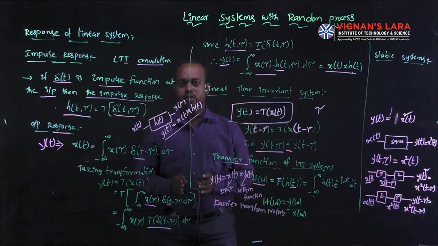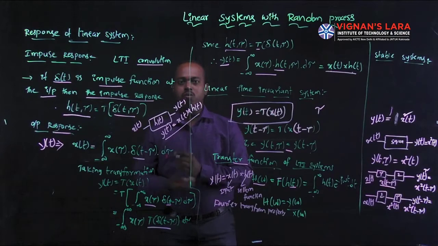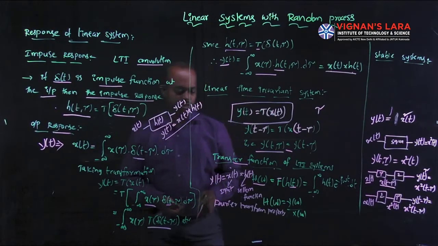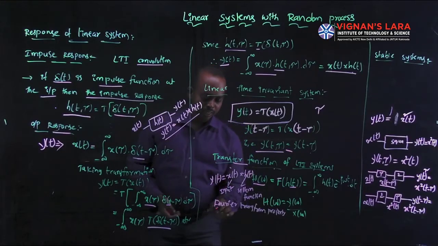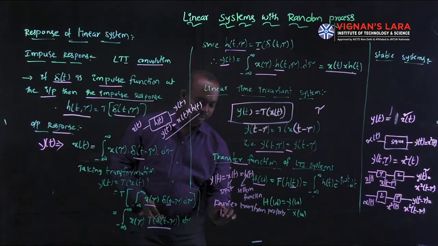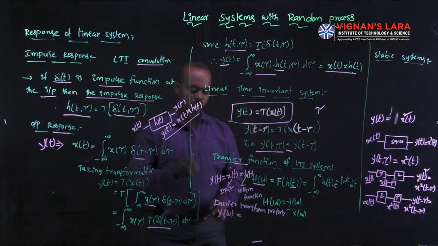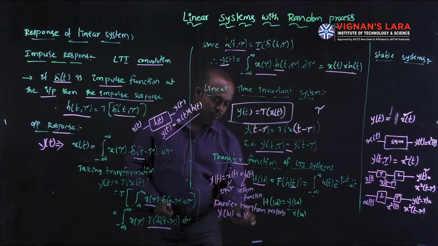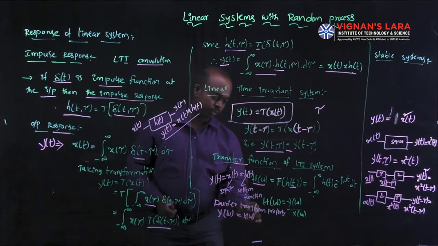Here, for the convolution of h of t and x of t, according to the properties of the Fourier transform, y of omega is the Fourier transform of y of t, and x of omega is the Fourier transform of x of t.